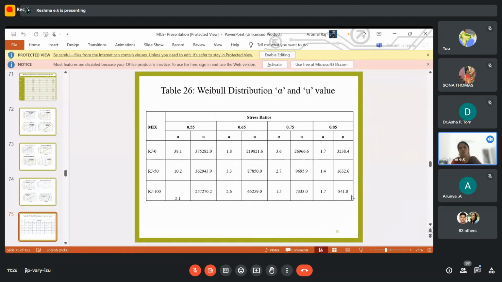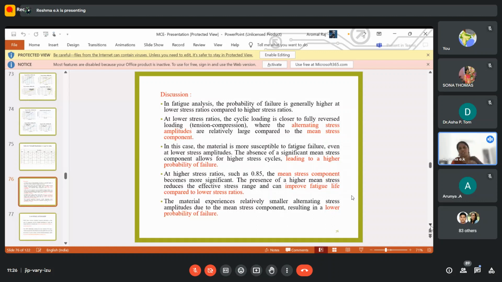The reason for that I just found out, because I felt my data were varying here and there. What is the reason behind it? I thought about it and found there are 2 terms called alternating stress amplitude and mean stress component. The mean stress component is static, it's constant, but the alternating stress component will change during the fluctuation of cyclic loading.